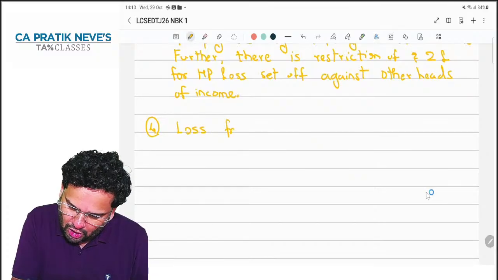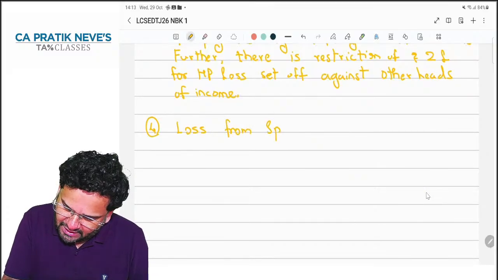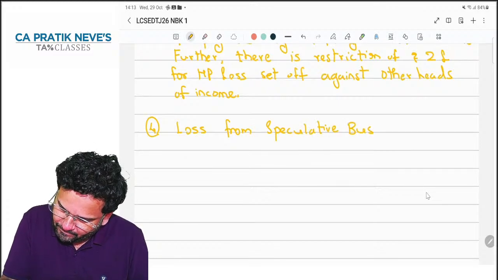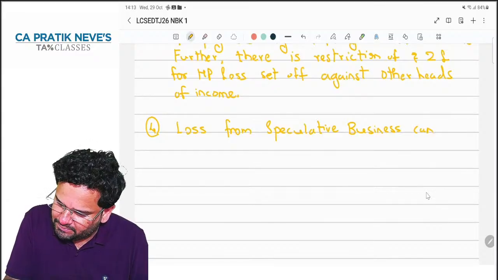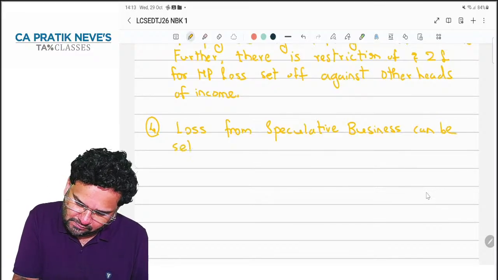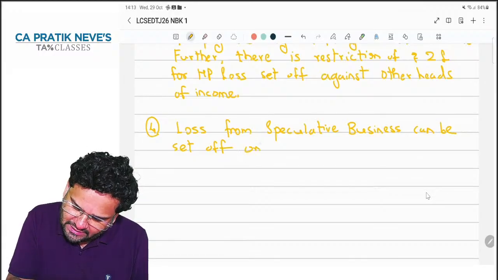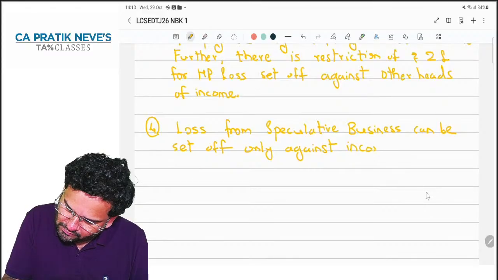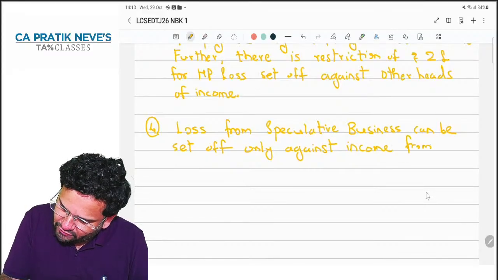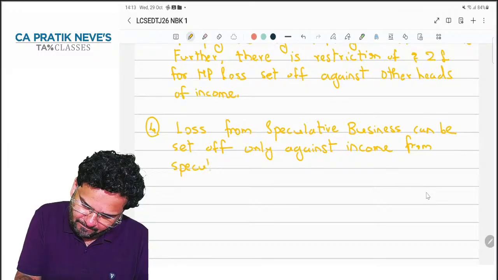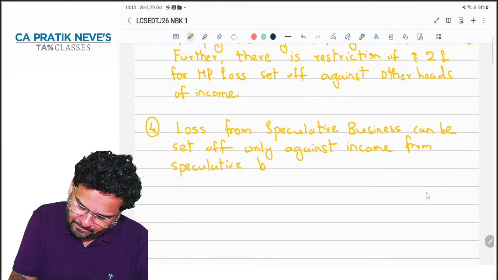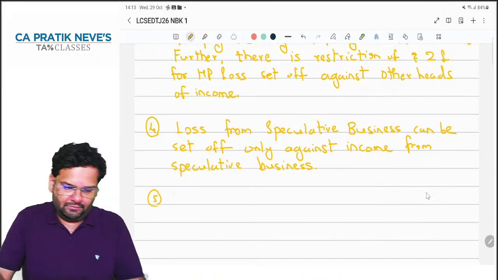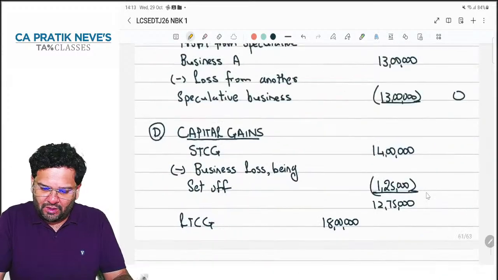Loss from speculative business can be set off only against income from speculative business. Isn't it? Fifth note. So this speculative is also clear now.